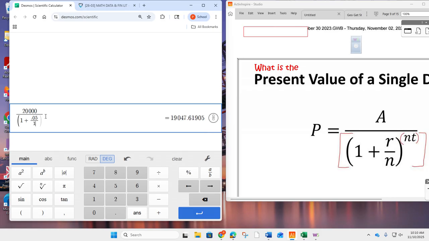We're going to close the right parentheses, and now it's raised to the N times T power. Hit your A to the B button. Compounded annually, that's your N, times your T, 6, and close that parentheses.